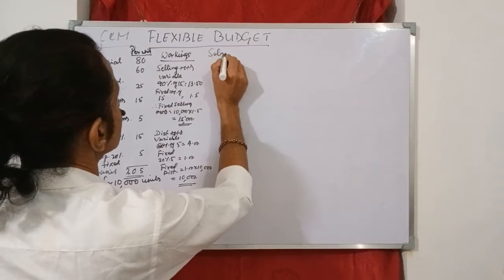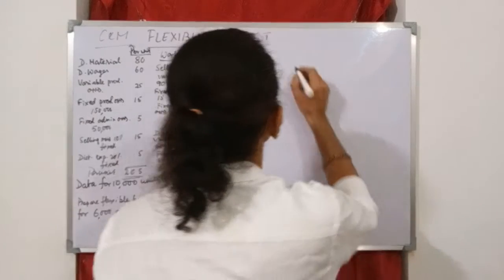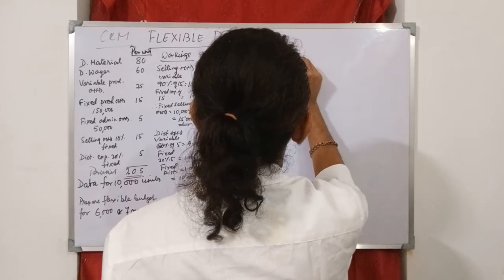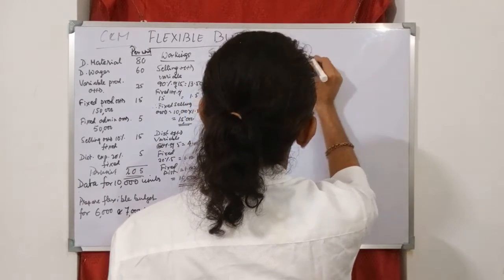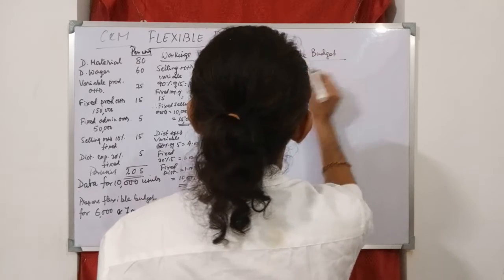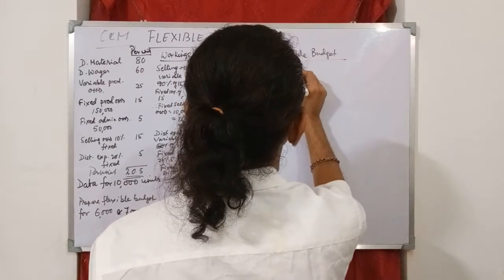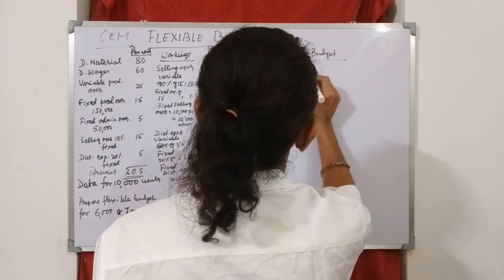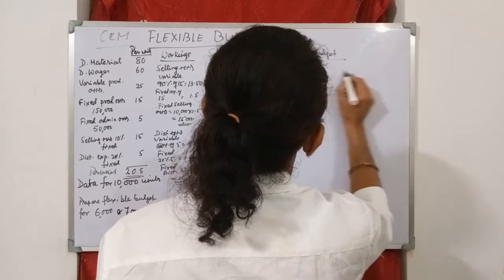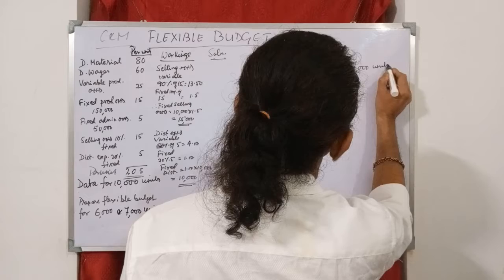Here I do the solution. Flexible budget, this should be the heading. 6,000 units and 7,000 units.